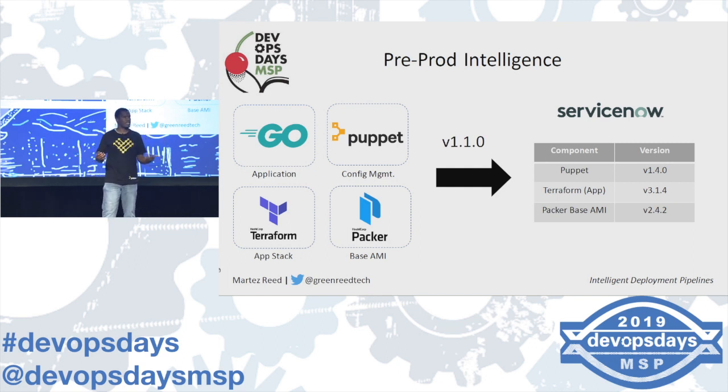If you're using configuration management, you can also store that. The Terraform, the Packer that maybe the application is running on for the AMI or the template or whatever it might be. And I could potentially store that in a CMDB, like ServiceNow, and be able to version that as version 1.1 of my application when it was pushed to production. This was the state of all of the components that go into building out the infrastructure.